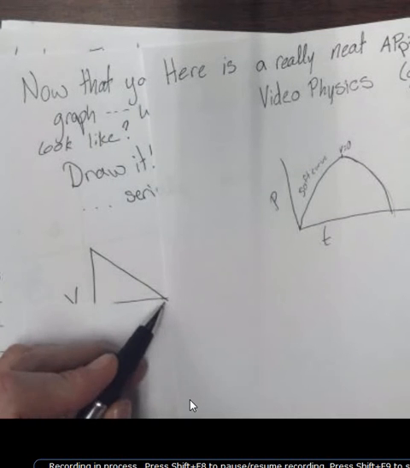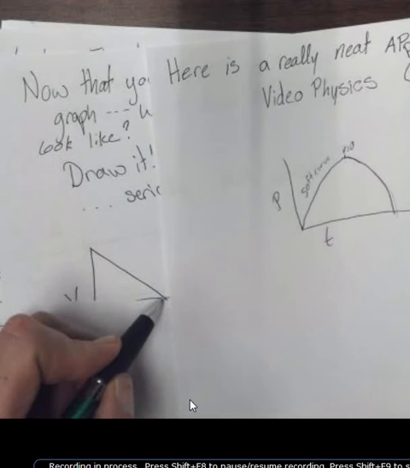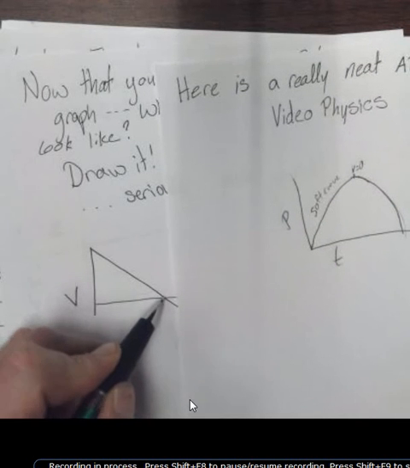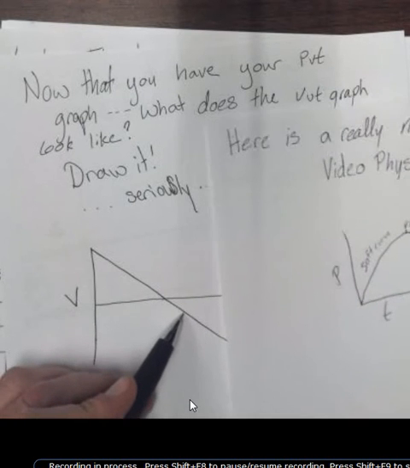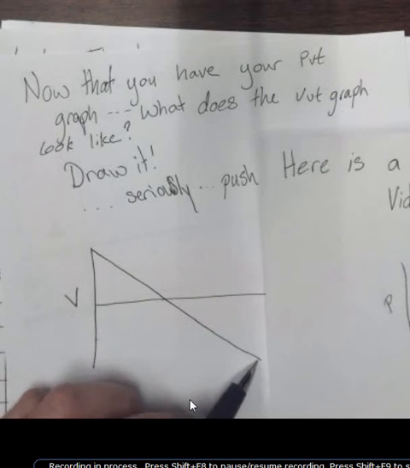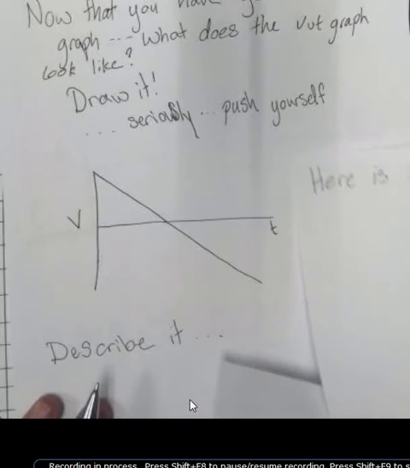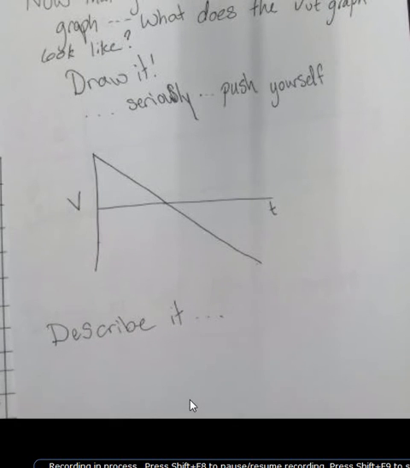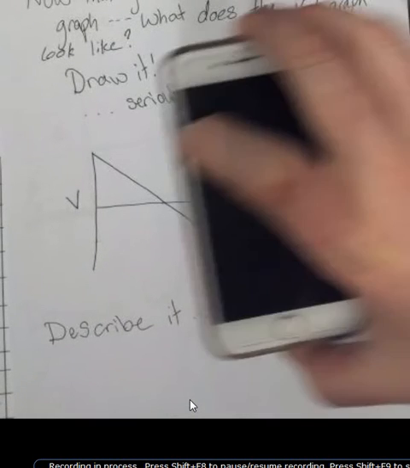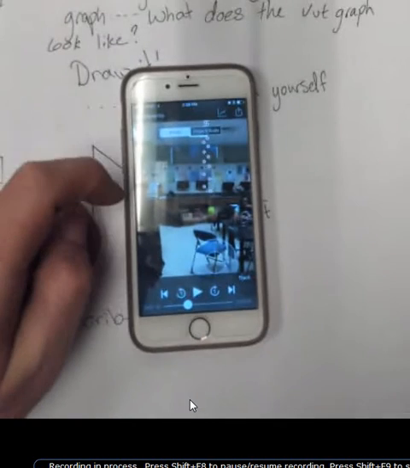Then, from 0, the ball began to fall, which means that it was moving back toward the original position, in the negative direction, until it was a very large negative result, which means this is our velocity versus time graph. I want you to do your best to do what I just did. Describe it. And I also want you to take a look.